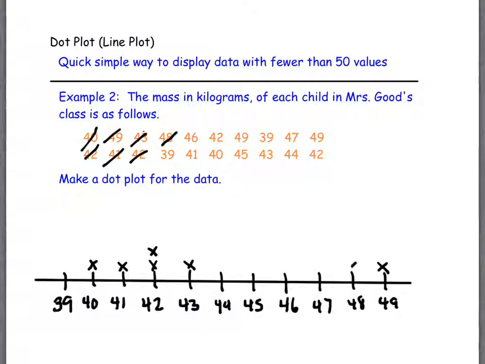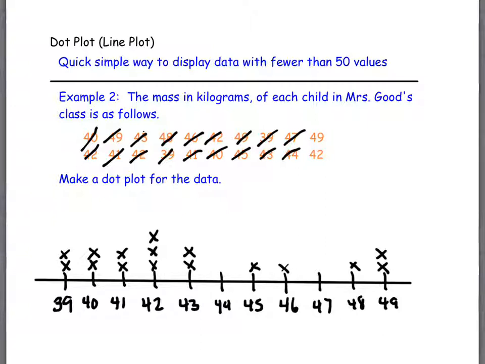So 48, 39, 46, 41, 42, 40, 49, 45, 39, 43, 47, 44, 49, and 42.